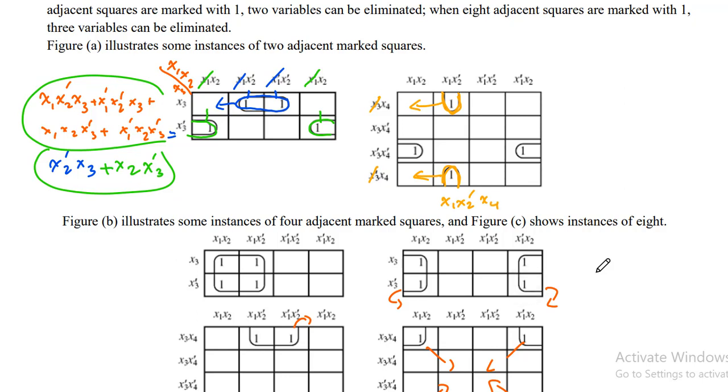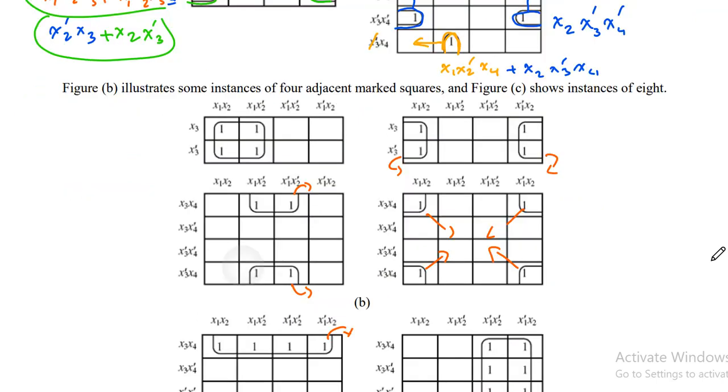And the other group here, this group of 2, again you look up and I see x1 changing, but what's left is x2. And horizontally we still have x3 not, x4 not. So this expression will become as follows: x1, x2 not, x4 plus x2, x3 not, x4. So we get reduced to this expression.